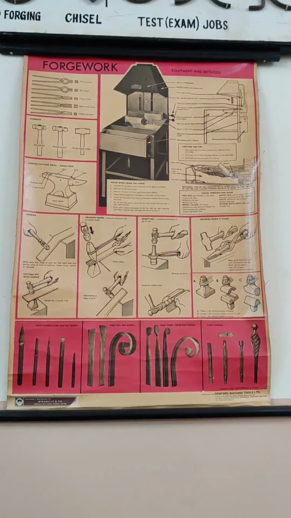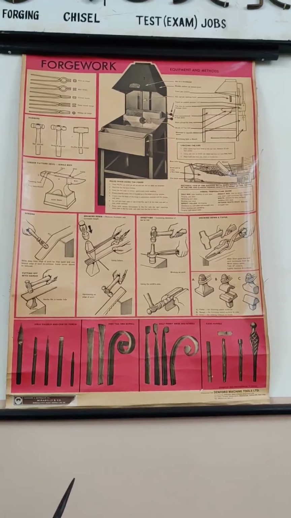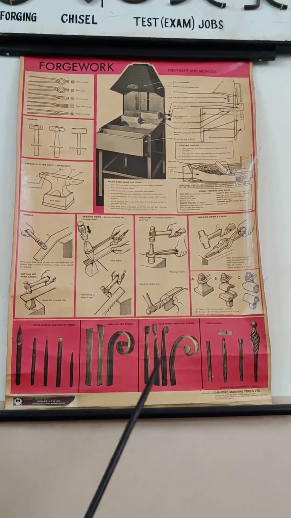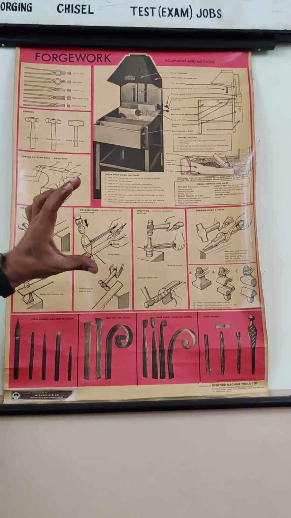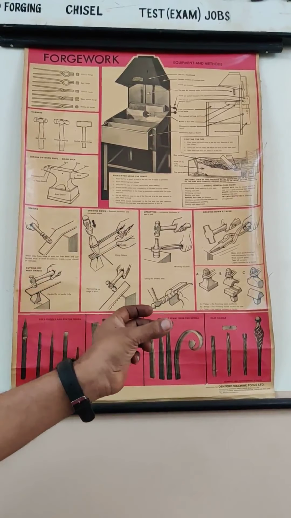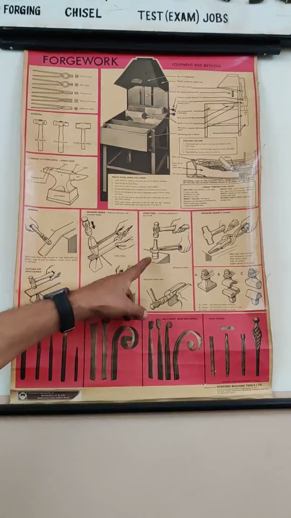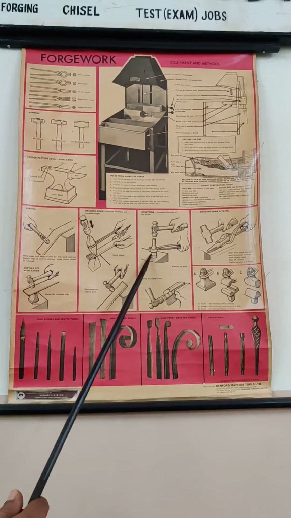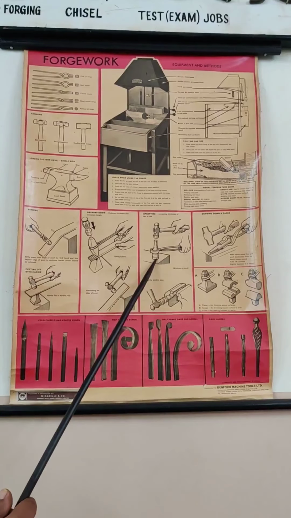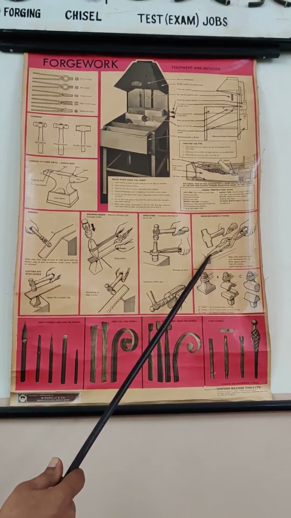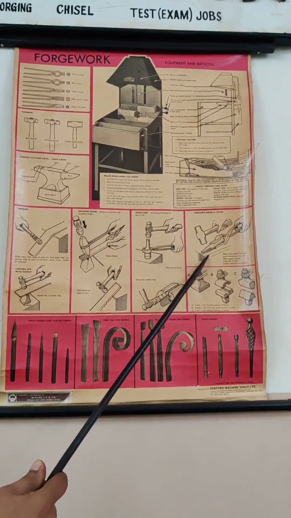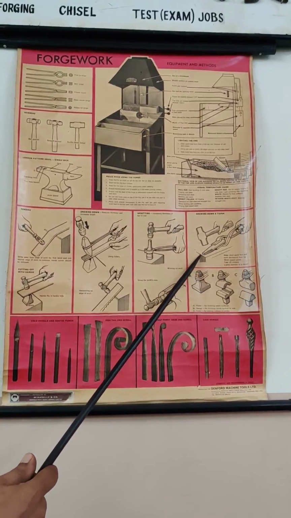Just the opposite is upsetting. In upsetting, we reduce the height or the length, and increase the girth, as you can see here. Okay, so this is called upsetting. Now drawing down is shown here also, but here we are tapering it.